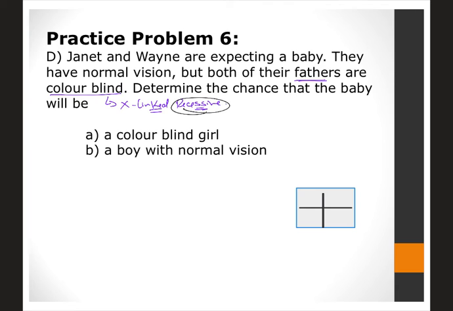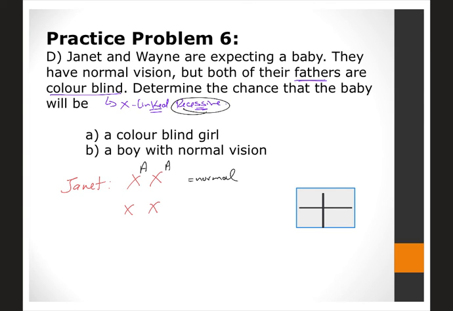When we take a look at Janet's potential genotypes, if we know that this is sex-linked, we're going to give mum, obviously, 2 X's. Mum is unaffected. So the fact that she is normal means she's going to get at least 1 capital A. Now, she can either have 2 capital A's, or she might be a carrier.